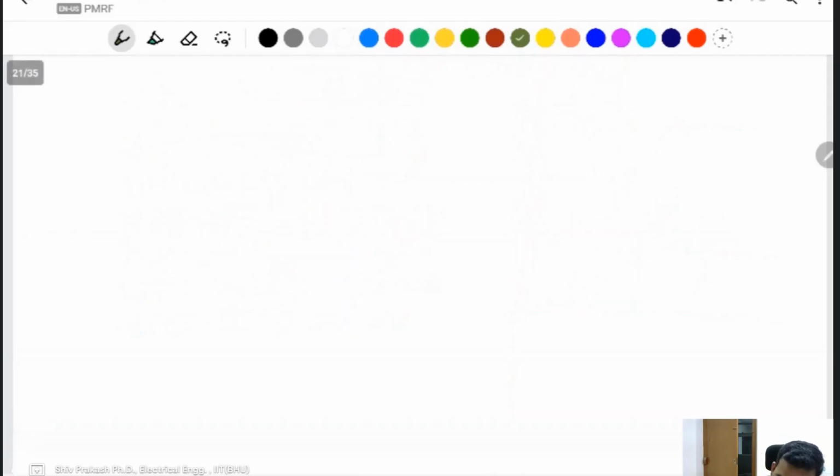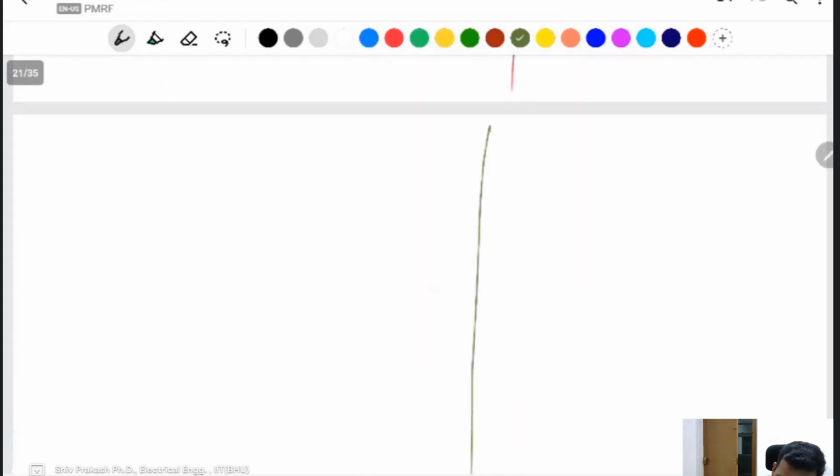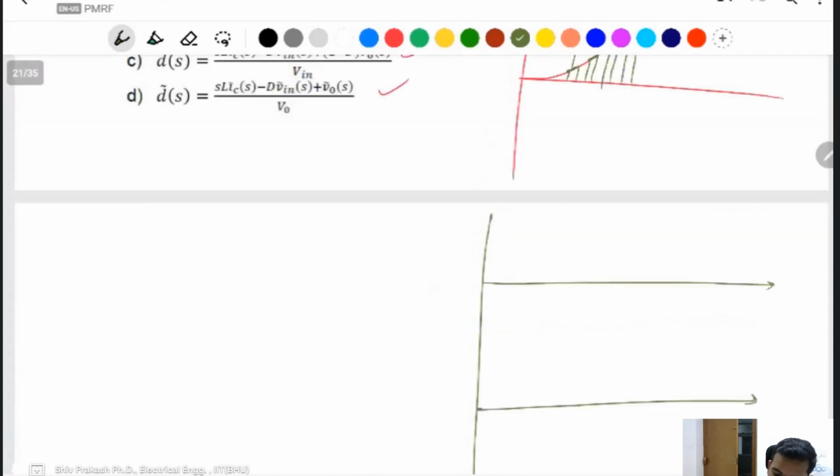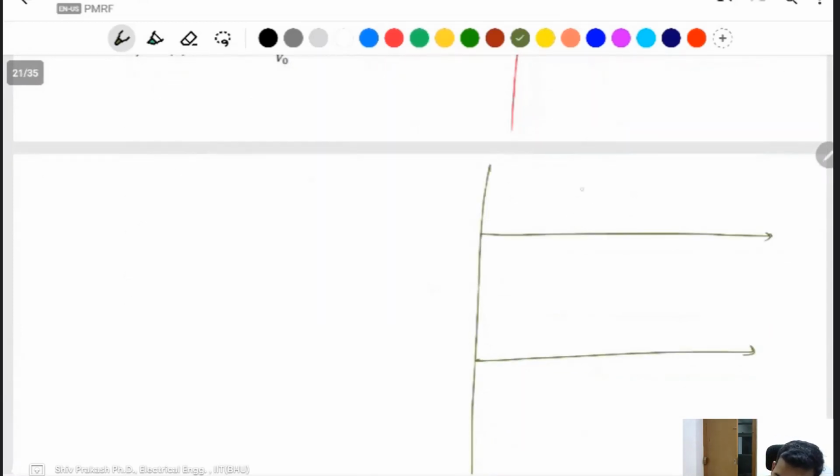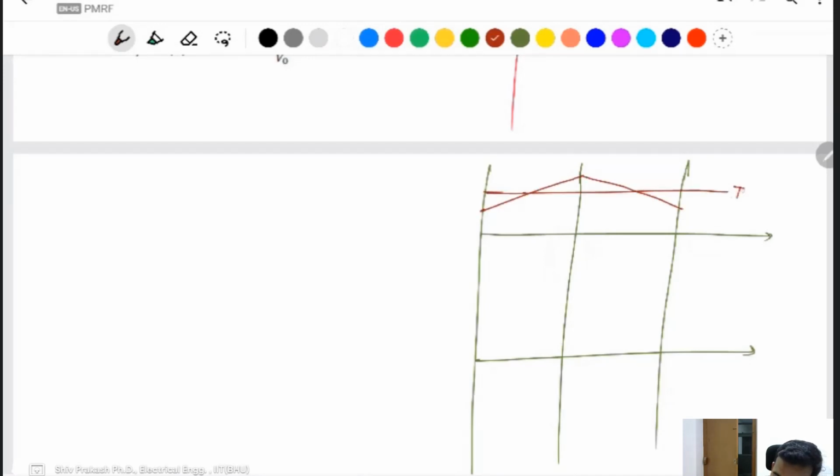Then for each of that period, we have to write the transfer function. Because this variation is very small. If you talk about the inductor current, we have the variation of IL around the average of IL.